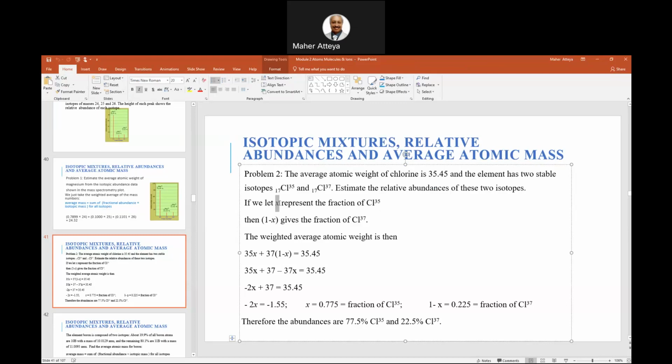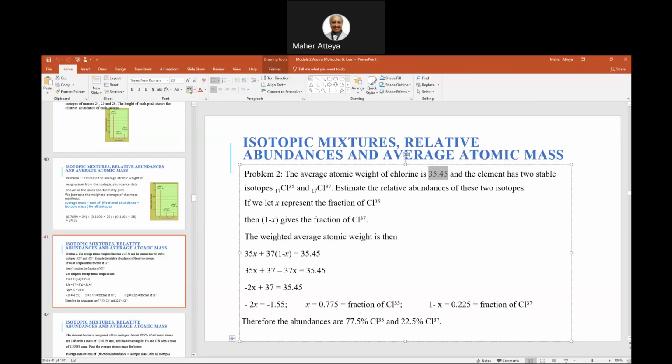That's the percentage abundance. With the other isotope, you have 1 minus X. So you make the average weight with the whole equation together. The average weight: 35 multiplied by X plus 37 multiplied by 1 minus X. And this value here is given to you. It's already given to you.